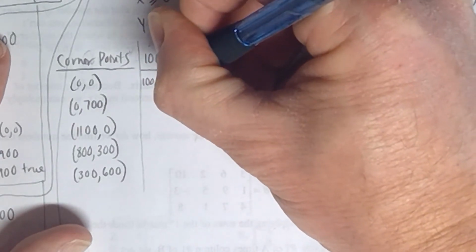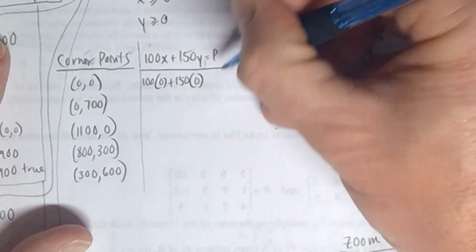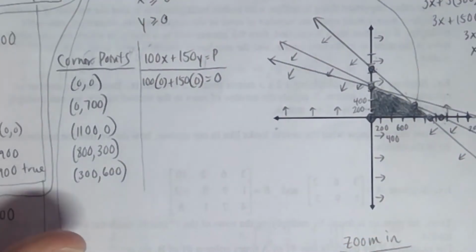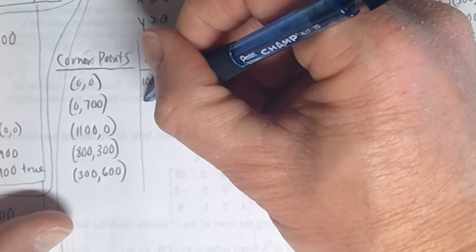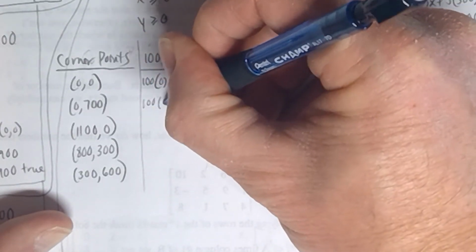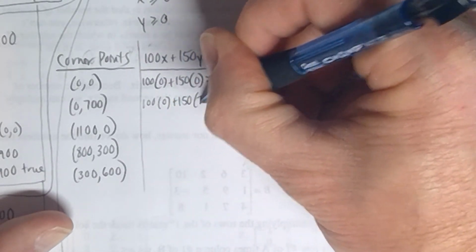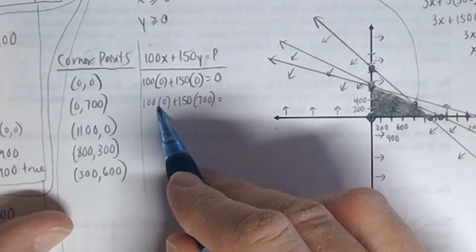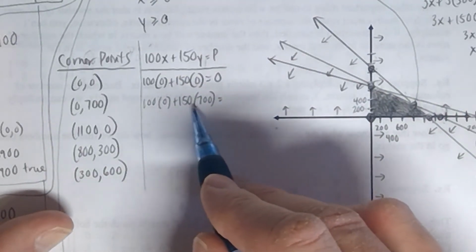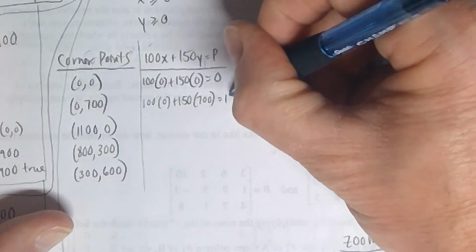We know the first one is not going to give us the answer, but just out of habit here, I'm going to plug it in anyway. We know that that's going to be equal to 0. Obviously, that's not going to be the maximum. Next one, we get 100 times 0 plus 150 times 700. That's going to end up being equal to 0 plus 105,000.